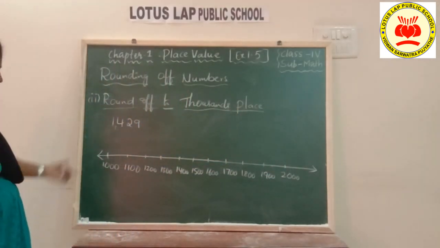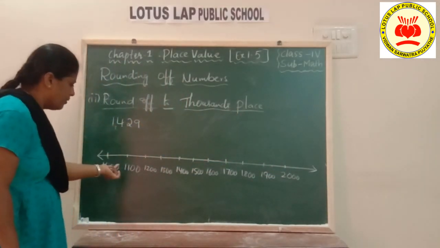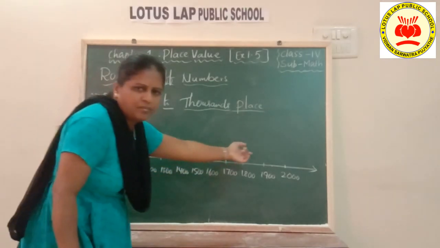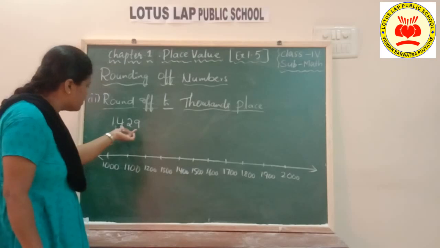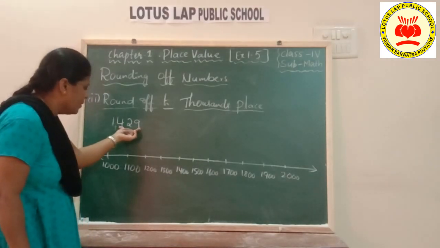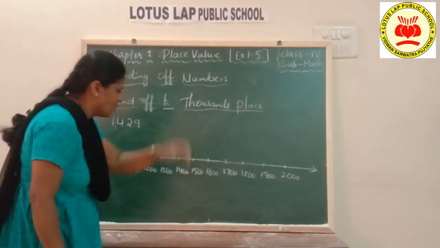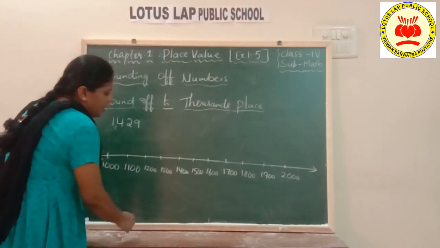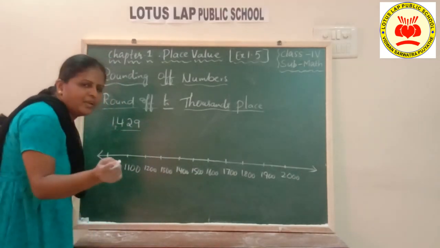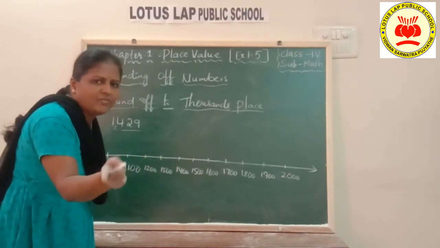Okay. So where is 1429? We haven't written that number, but we can identify where it lies. Okay. It is 429. All are in 1000s only. Just see where 429 lies. 429 is a number lying between 400 and 500.